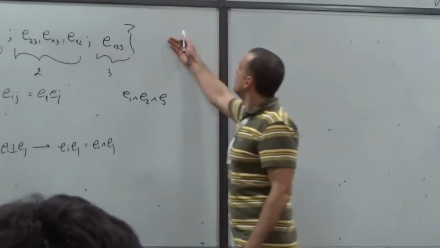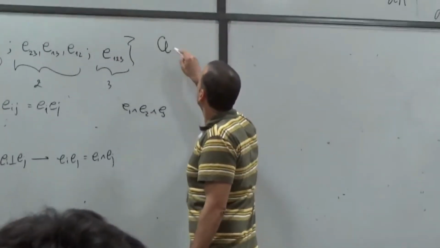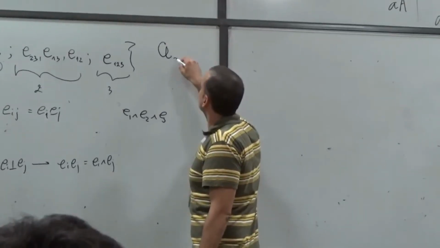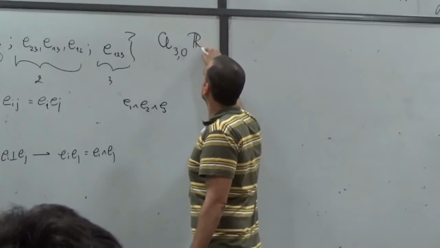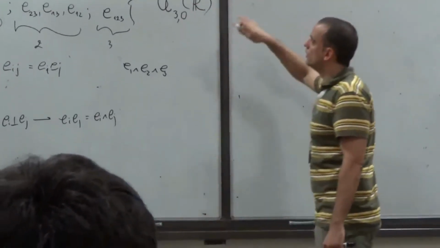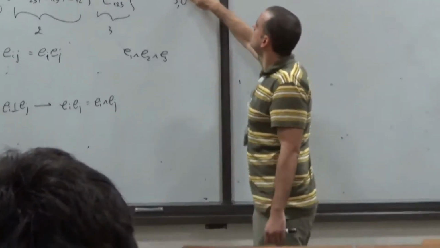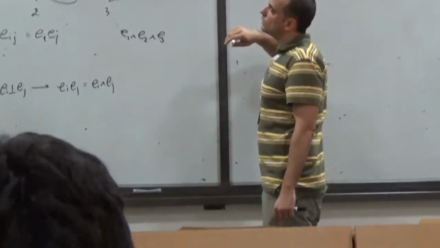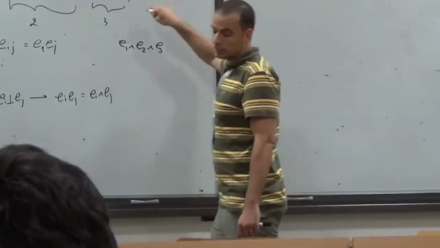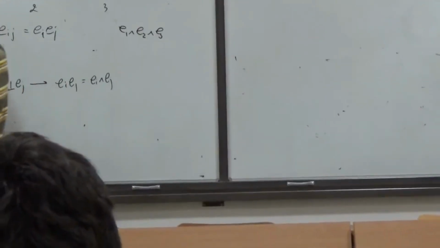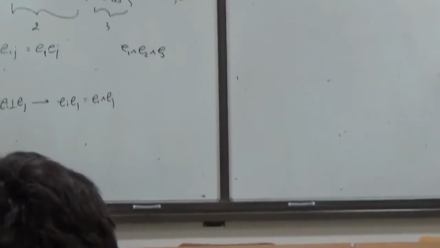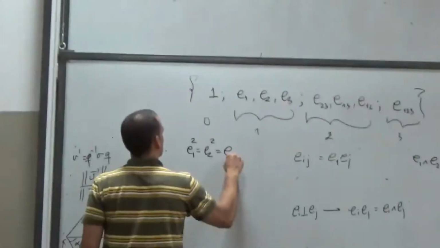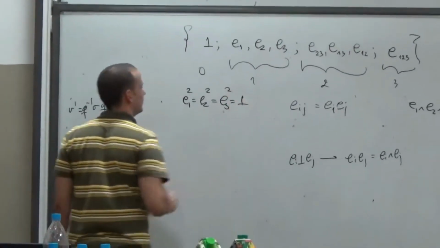If we want to consider the triple algebra, let's construct this from scratch. So we have 3 unit vectors. Right?